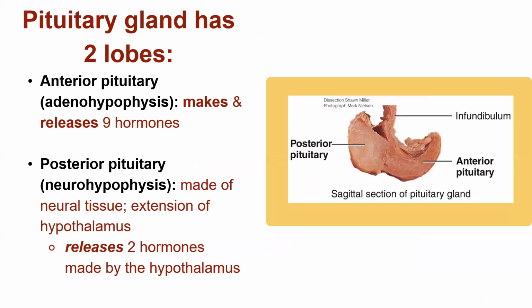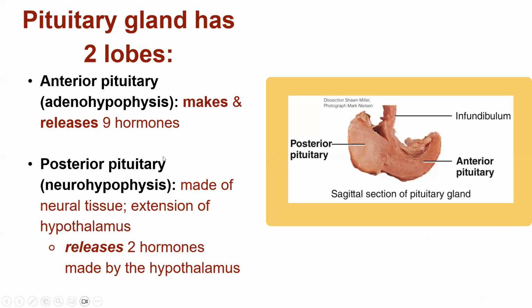All right, so our pituitary gland is split into the anterior and posterior. The anterior pituitary actually makes and releases nine different hormones. It's also referred to as the adenohypophysis, partly because it is influenced by the hypothalamus.